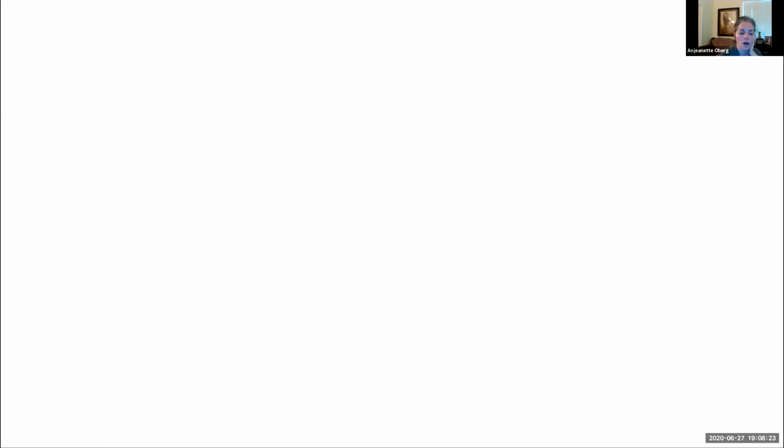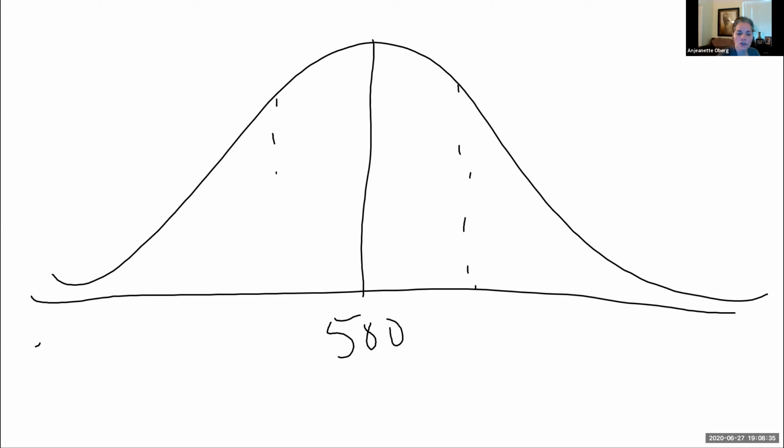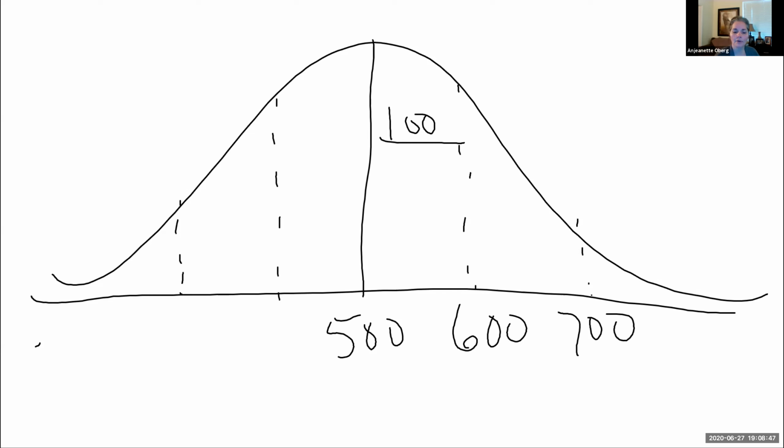First of all, I'm working with a normal distribution, and it gave me a mean of 500. Here's 1 standard deviation, 2 standard deviations, right? I know my standard deviation was 100. So I know this score right here is going to be 600. This one's going to be 700. This one's going to be 400.